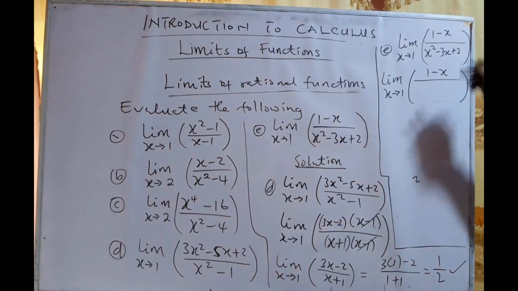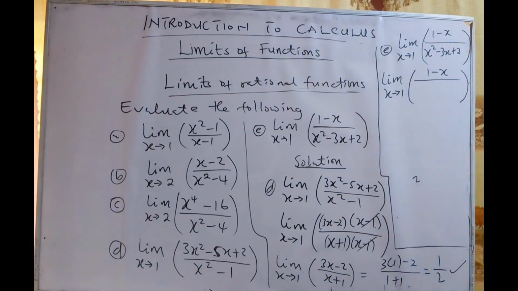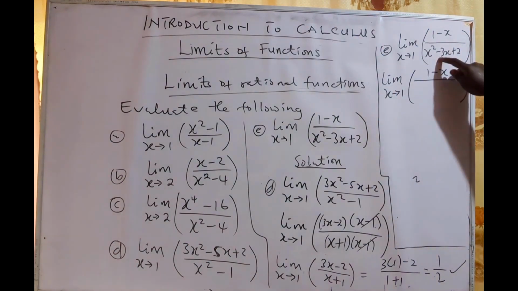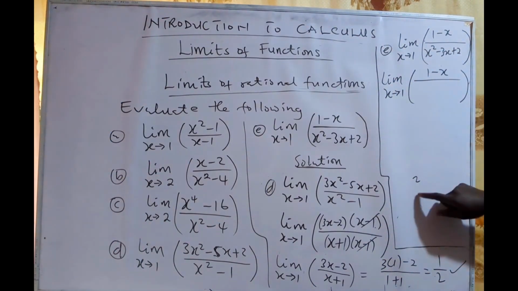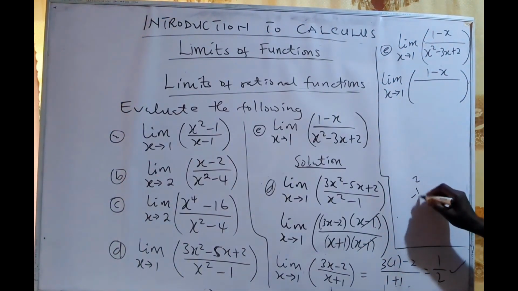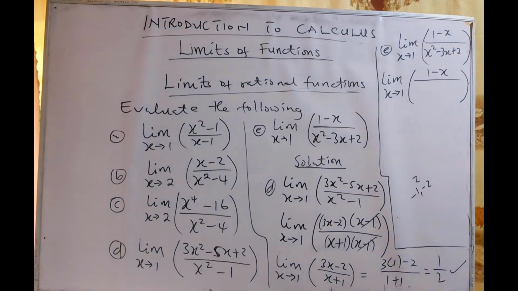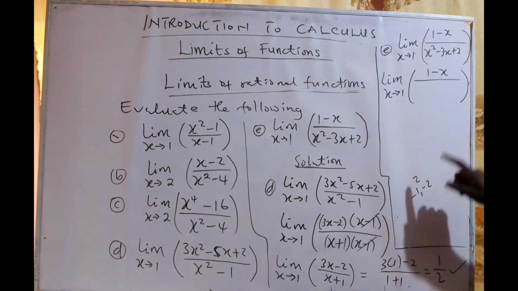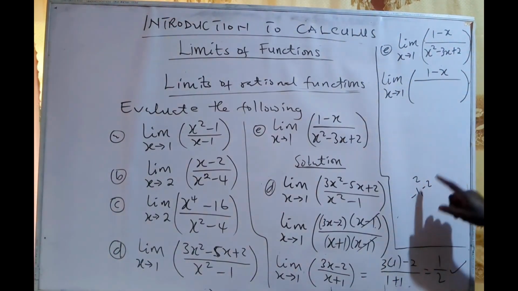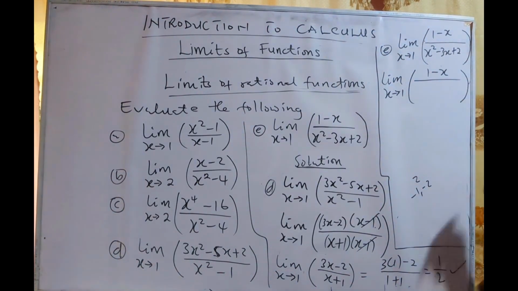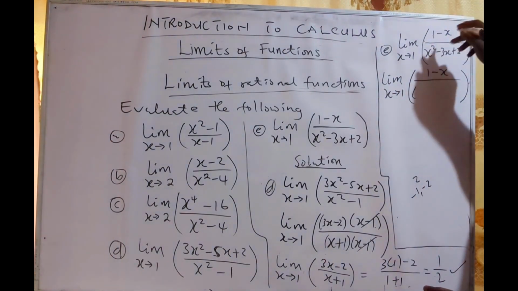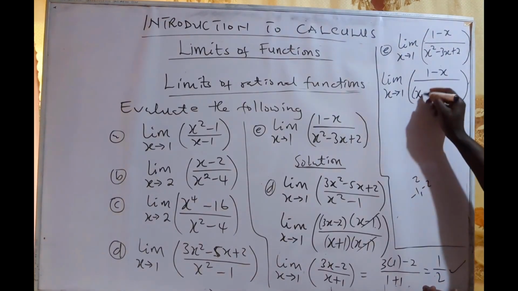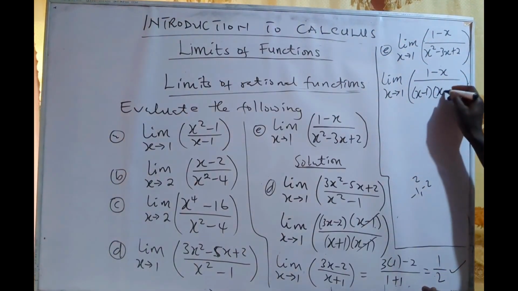Then two factors that when you multiply give 2, and when you add, you get negative 3. Minus 1 and minus 2 can do the work for us. Minus 1 times minus 2 is 2. Minus 1 plus minus 2 is minus 3. Here the coefficient of the s squared is 1, so that can be written as s minus 1 and then s minus 2.